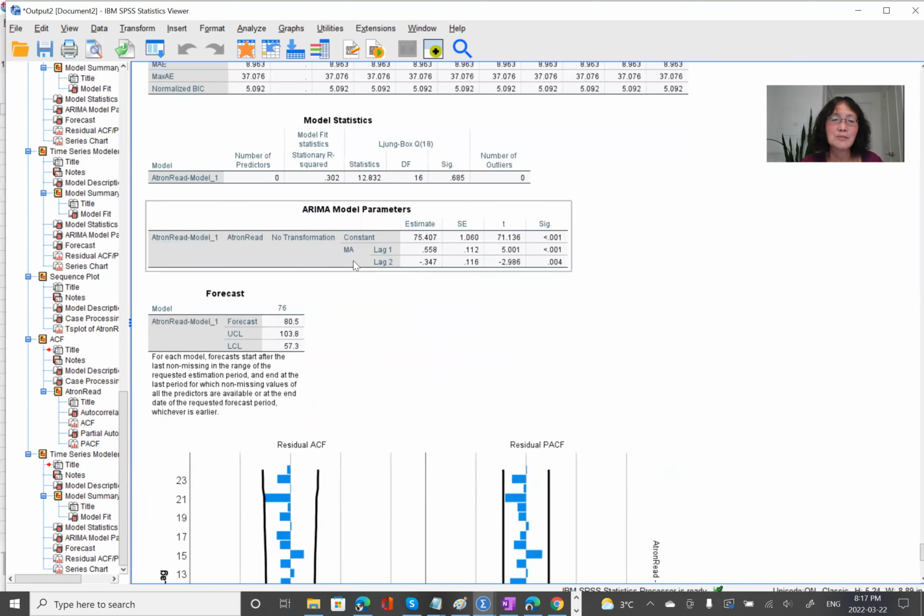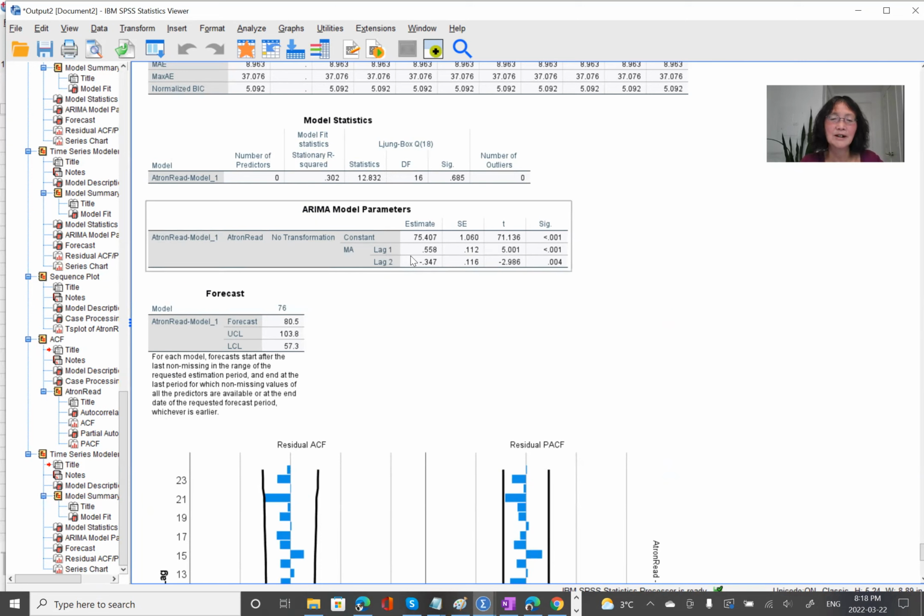And for the ARIMA model, we have a constant. Remember, this constant is our mu, the population mean. And because it is MA, the coefficients we use are omega 1, 0.558, and omega 2, -0.347.